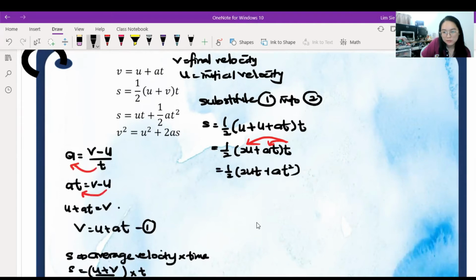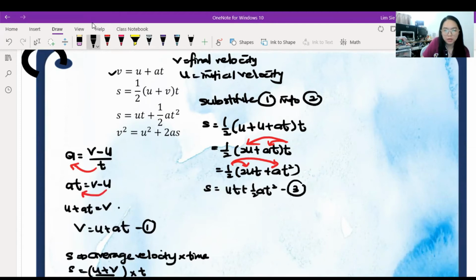I expand the T first because it is easier to expand linear terms than the fraction. Only now I expand the fraction, then I get UT plus 1 over 2 AT squared. This is how I get my third equation.